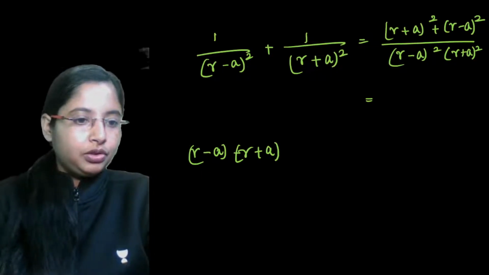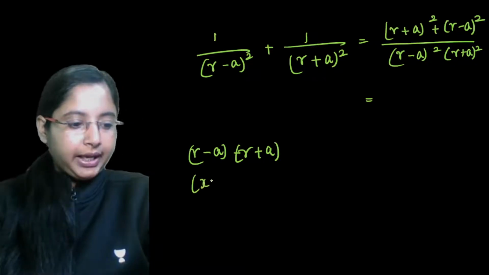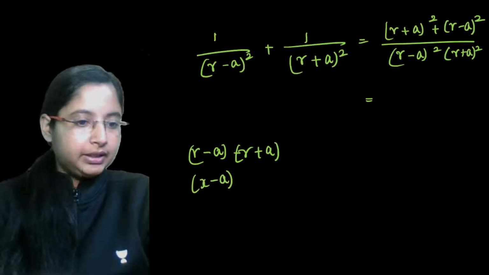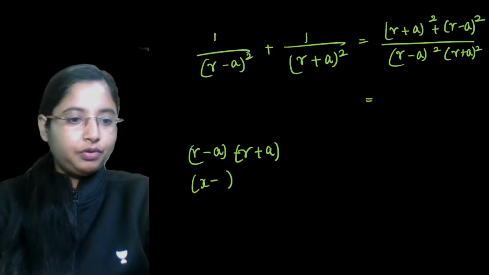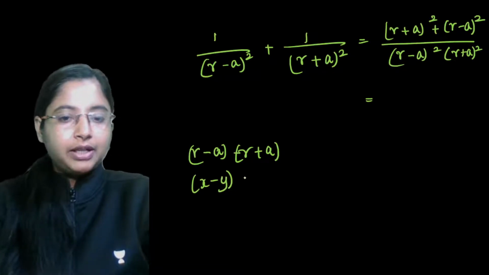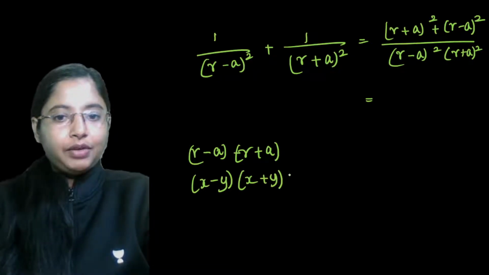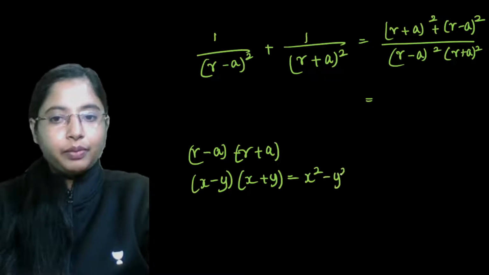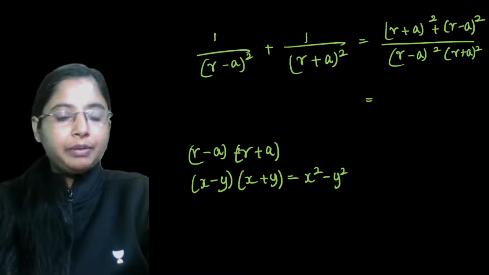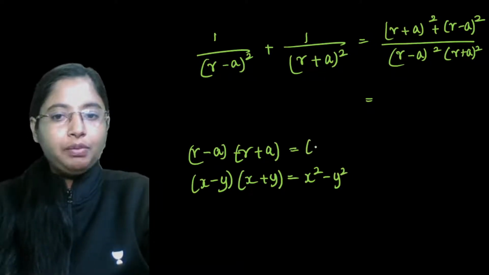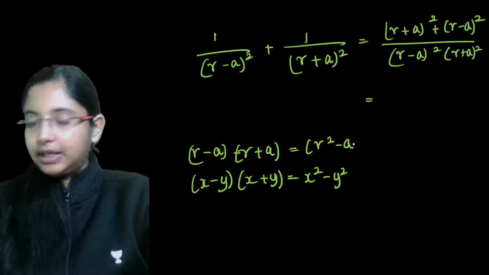This is of the form x minus y into x plus y, which is nothing but x square minus y square. So (R minus A)(R plus A) is of the form R square minus A square.